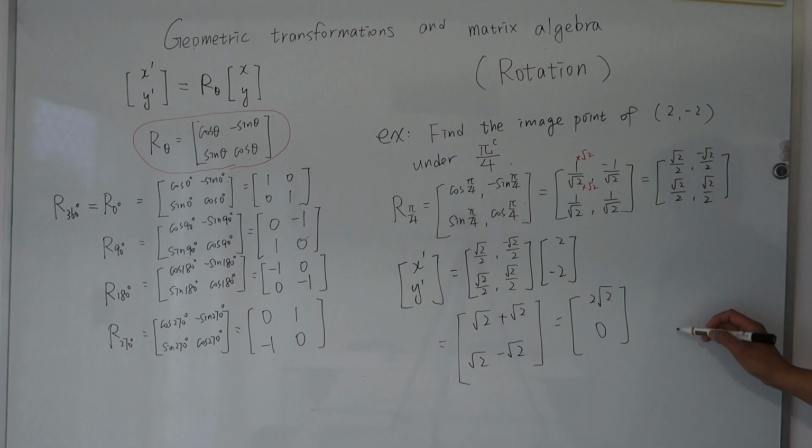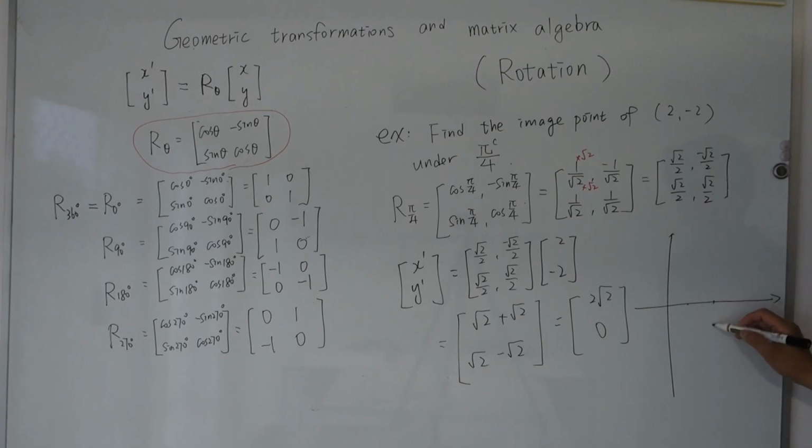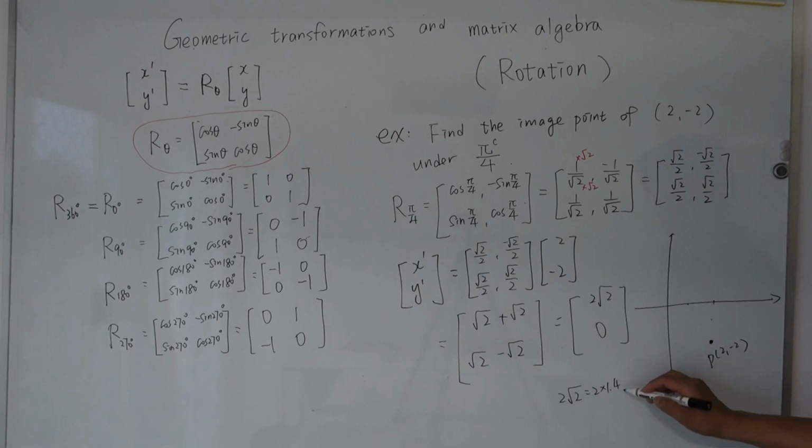Therefore, the graph: before, you are at 2, negative 2 here. That's the original point P. After doing the rotation, 2 square root 2 equals 2 times 1.414, right?